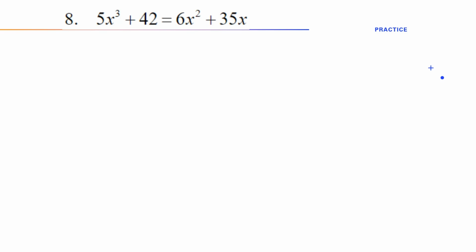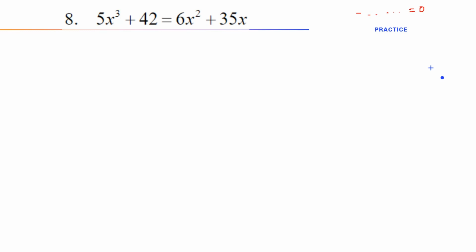Okay, number 8. We realize that we have 4 terms and the highest degree is 3. But we always want our equations to have the right hand side equal 0. So we have to move all of the terms on the right hand side to the left hand side.